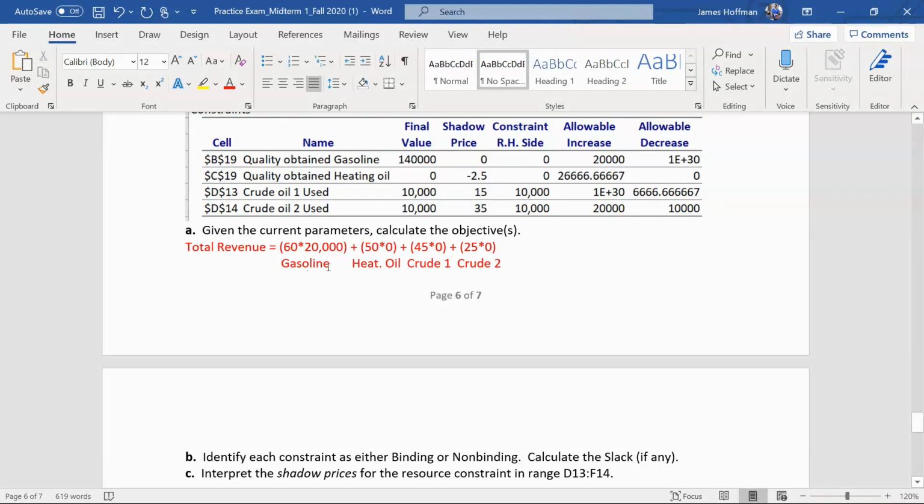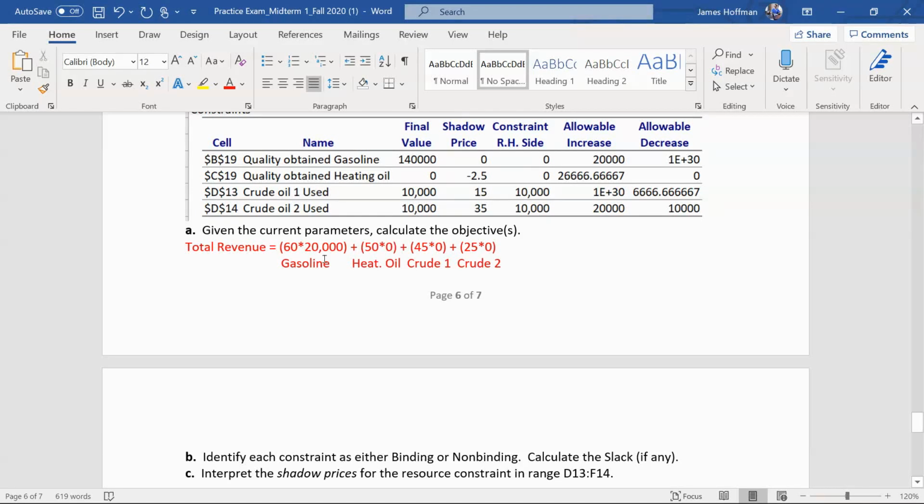Okay, so this is the part for the gasoline, this is the part for the heating oil, this is the part for the crude 1, and this is the part for the crude 2. Now all these are going to be 0, but it's important to note what we did just in case you sold some. So here are the prices, 50, 45, and 25, and then we sold 0, but if you do sell any in your example, make sure you put those values instead of 0.